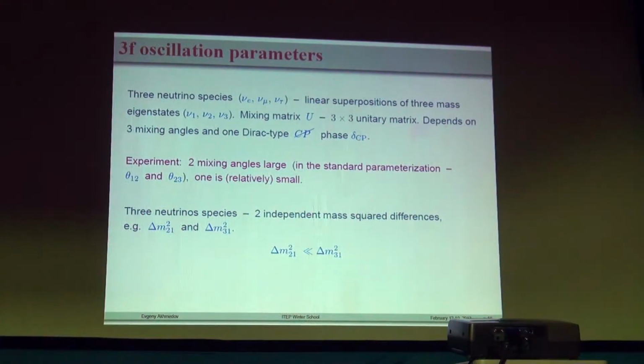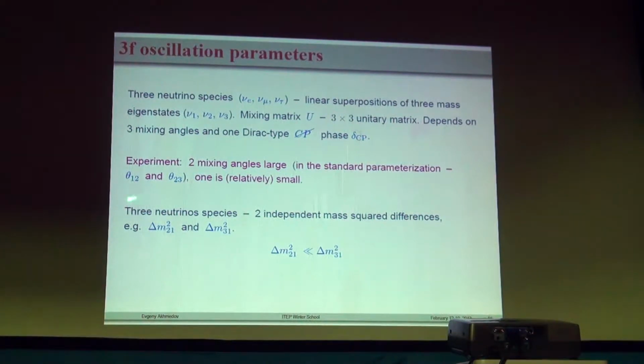Okay, so how many parameters do we have, and what are these parameters? We know that in the 3 flavor case, there are 3 mixing angles and 1 CP violating phase. What do we know from the experiment? The experiment tells us that for 3 neutrino flavors, for which we have 2 independent mass square differences, there is a hierarchy of these mass square differences.